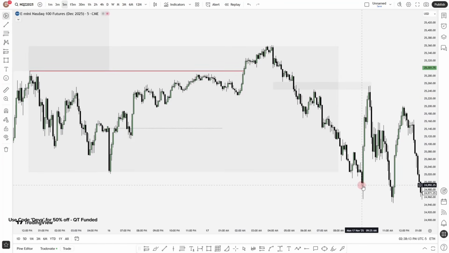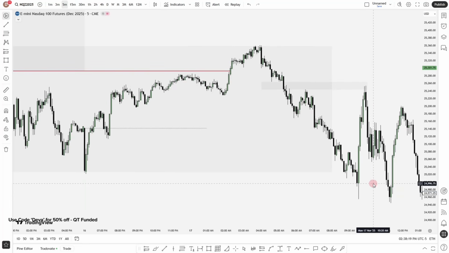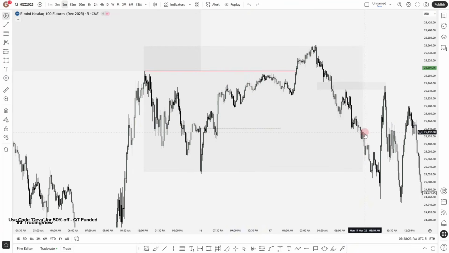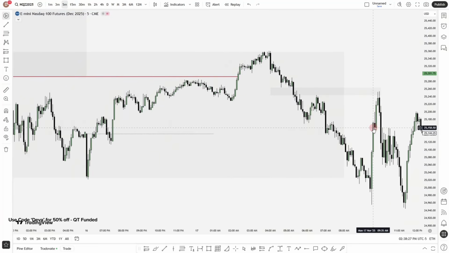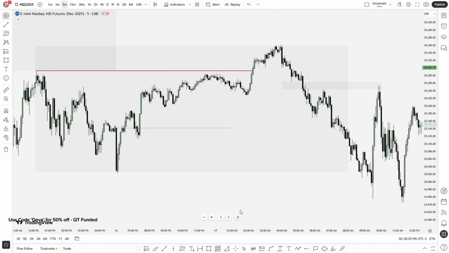Even in the Nasdaq, everyone thinks that this is the manipulation. Of course it is. Okay, but this is just a discounted premium retracement. Right? We got a whole context here. We got the order flow. We got the high time frame key level, and now we got the H1 FVG. Of course, that was SMT because I took the straight line.